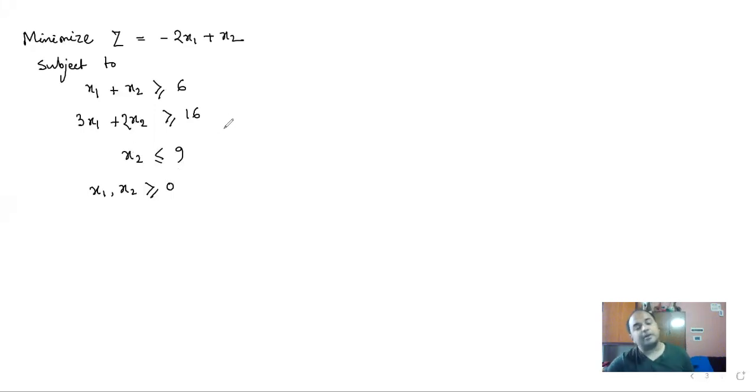Later you can check graphically what the solution for this problem is. Graphical checking is always recommended if the number of variables is 2, so I am leaving it for you to check by yourself. Now tell me, will there be a slack variable or a surplus variable in the system?